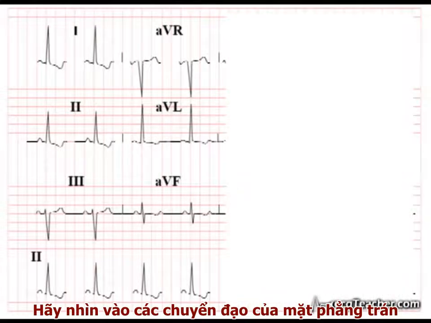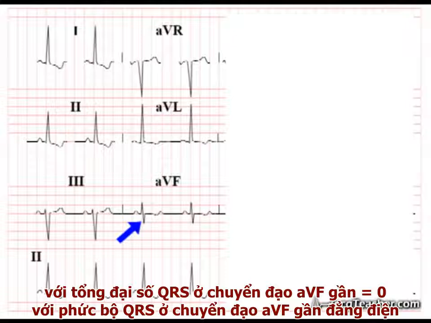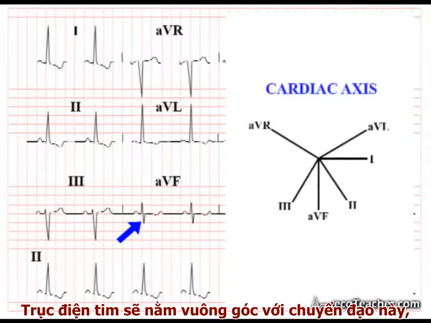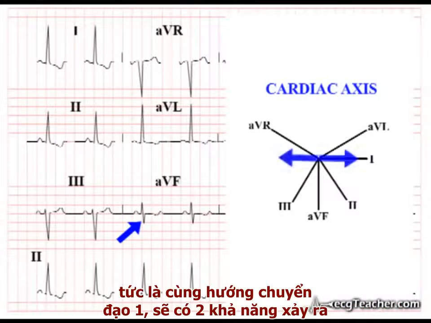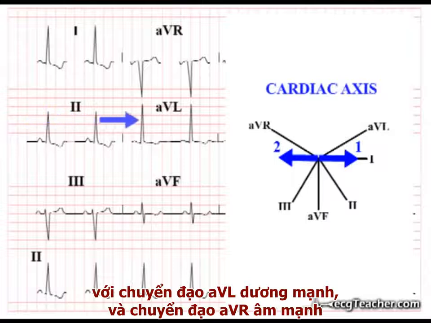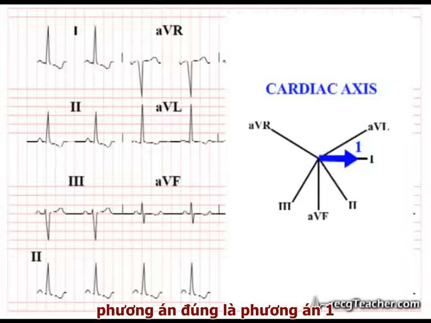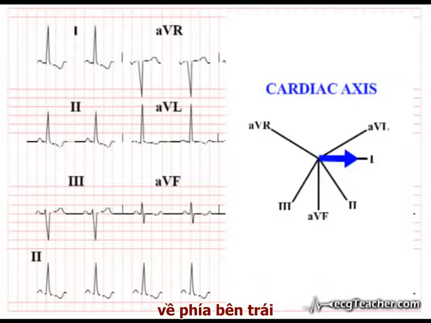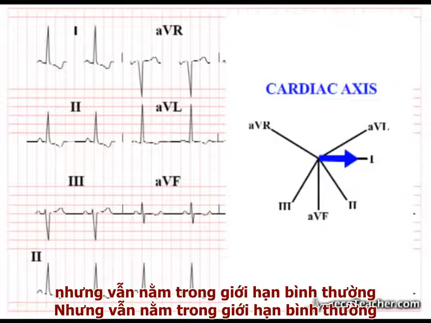Looking at the frontal leads, with the QRS complex in AVF near isoelectric, the cardiac axis lies approximately at 90 degrees relative to this lead, giving us 2 options for the axis, one travelling towards the left and one towards the right. With AVL strongly positive and AVR negative, it must be option 1. So, on this ECG, the cardiac axis lies close to lead 1, towards the left, but still within the normal range.